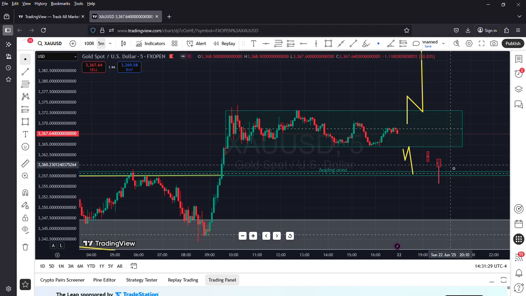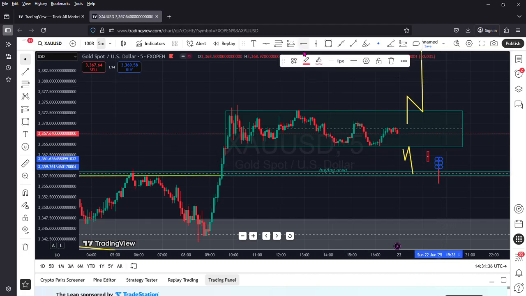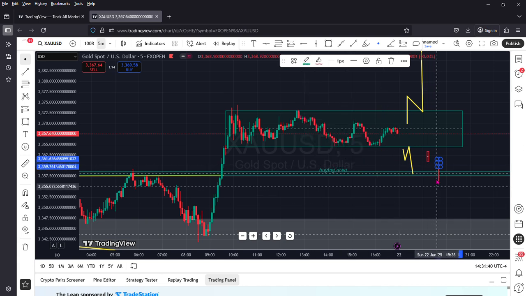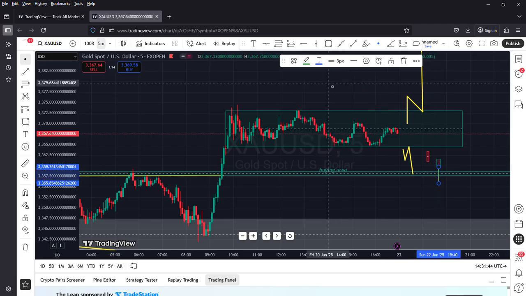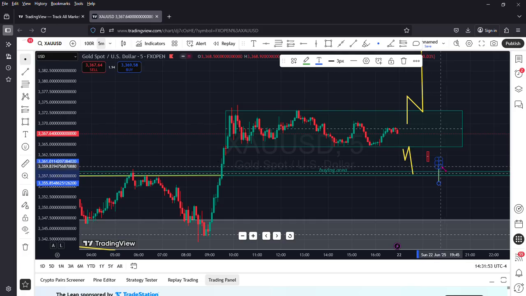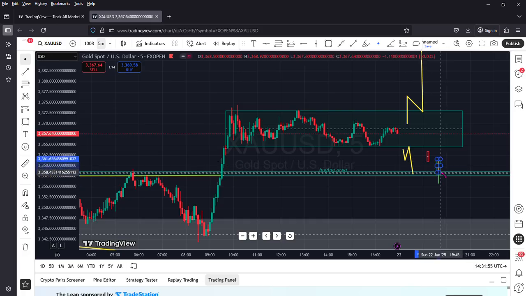For example, that means we have seen that the buyers, and this turns to green, and this one turns to green. And we see that the market has now changed from buying to what, to selling.